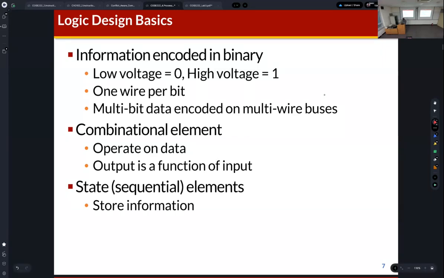Binary digital system just handles binary data, which means that each bit has only two cases, 0 and 1. We can represent 0 using the low voltage or ground, and we can represent 1 using the high voltage level, which is VDD.